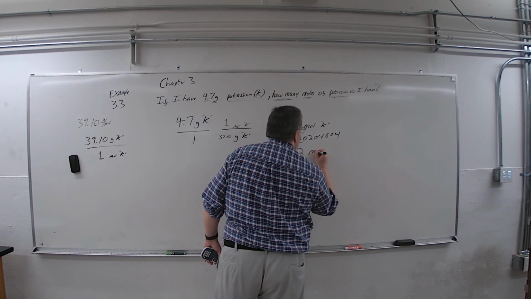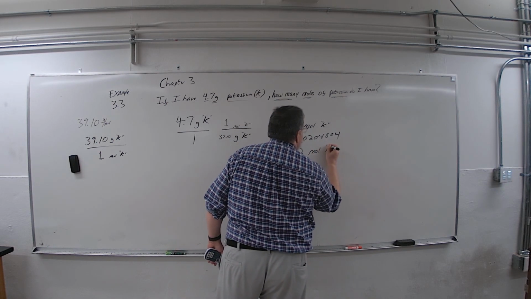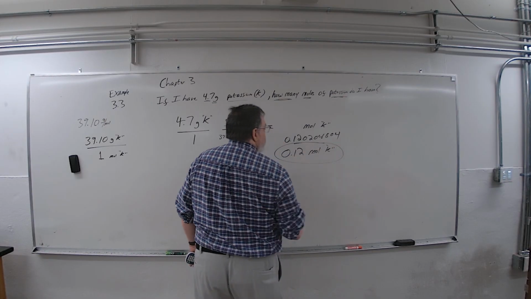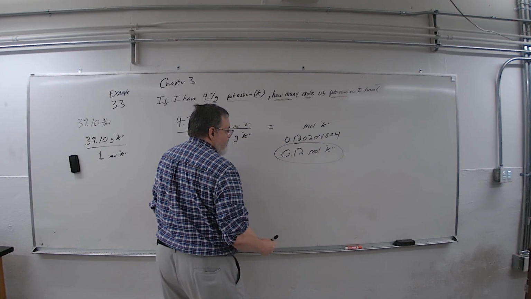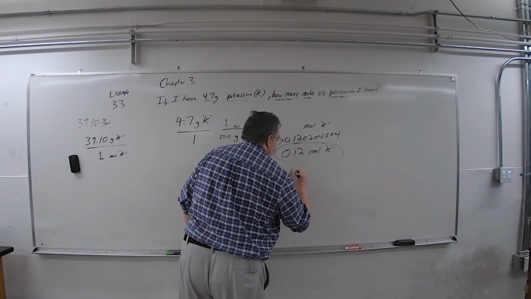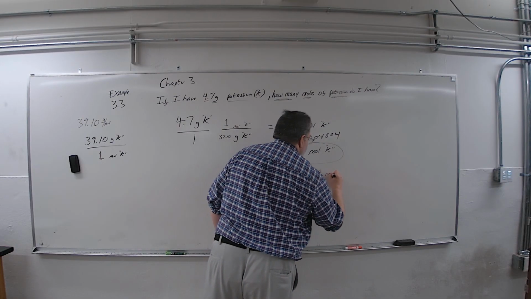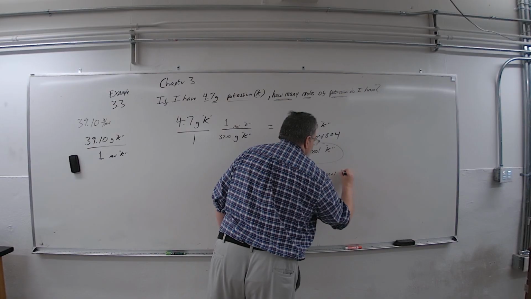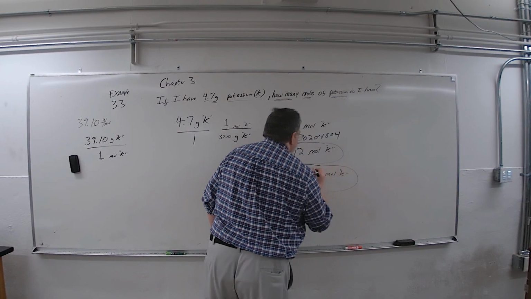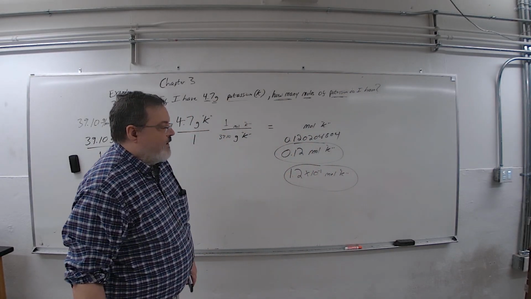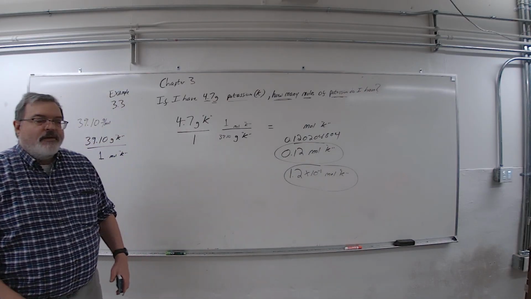That's 100% correct, but you could put it in standard scientific notation by going 1.2 times 10 to the negative 1. On a test, one of those two will be there for you to pick, not both, because they're both correct.